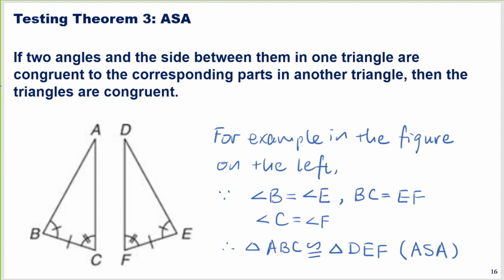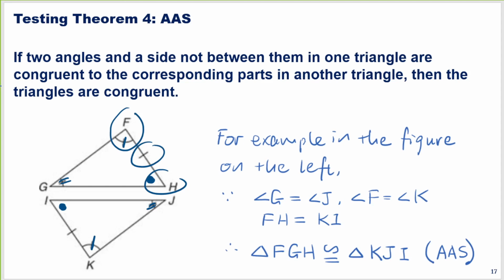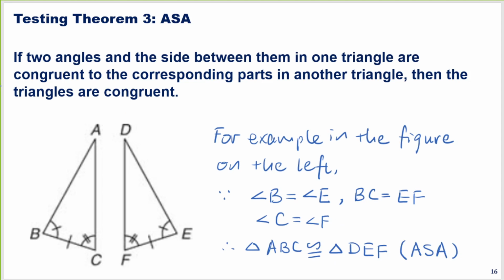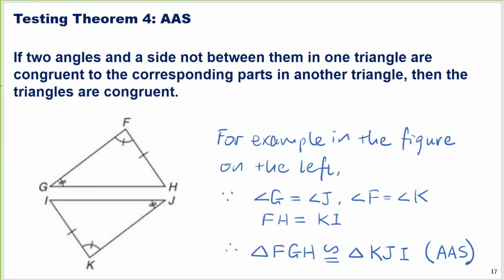So if ASA is true, then we know AAS must also be true, right? So we'll have a look at these two theorems together. This means you could use either ASA or AAS to prove two triangles are congruent.